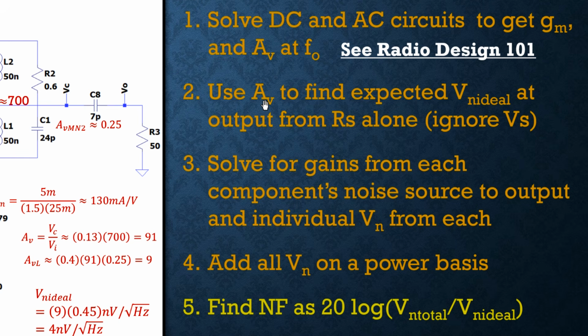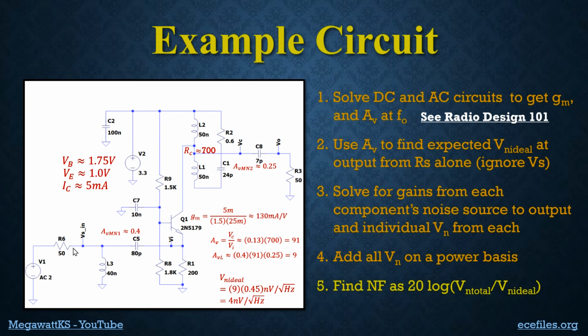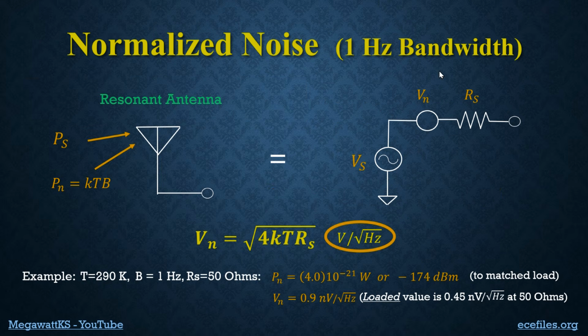And so that is applied to the voltage from the source, which I say is 0.45 nanovolts. So where'd that come from? Well, remember, in the noise model for the antenna, we have an extra voltage source here, like this. And if you use this formula, it works out to be 0.9 nanovolts per square root hertz, but that is the unloaded voltage.